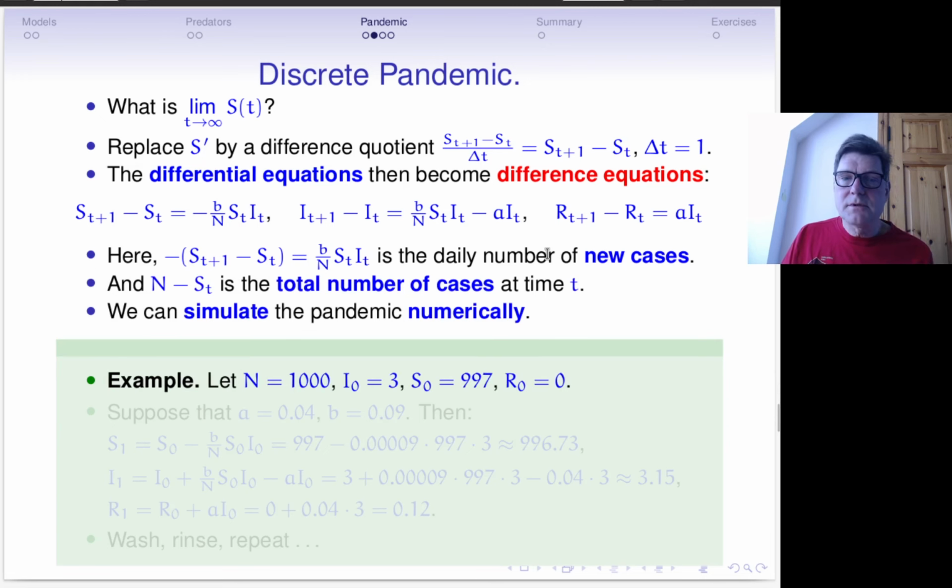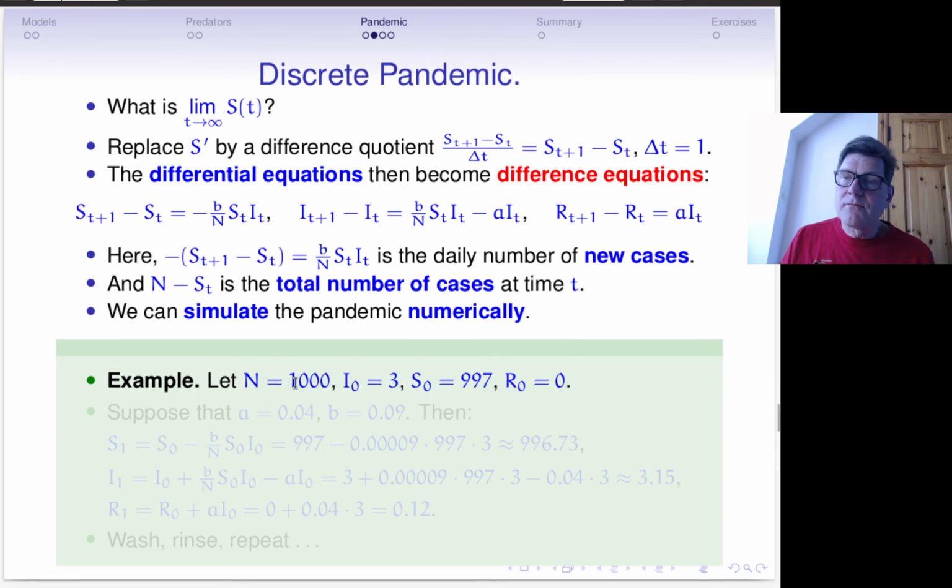For that, we start with concrete values. Let's say we have a total population of 1,000. Maybe that's 1,000 thousands. Well, capital N is 1,000.